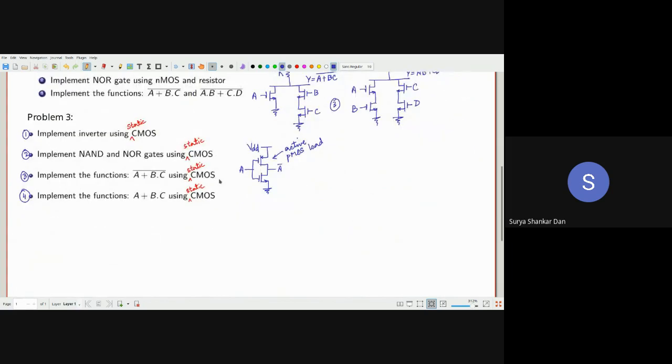All right, so this is the static CMOS inverter. This is number 1. Number 2, NAND and NOR gates using the static CMOS.